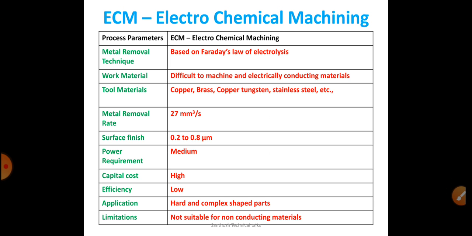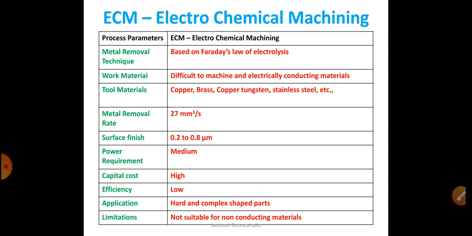The process parameters of ECM: the metal removal technique is based on Faraday's law of electrolysis. Work materials which are difficult to machine and electrically conductive can be used in the ECM process.